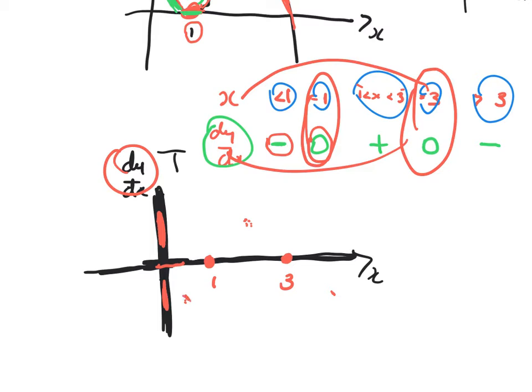Now, in terms of here, here, and here, I don't know the exact values, just that we're negative, positive, and negative. But I know that when x equals 1 and x equals 3, I've got 0 gradient exactly. Therefore, what I do is use these bits here just as a guide, but I must go through here and here. So keeping it as a nice continuous shape, that's what the curve would look like.